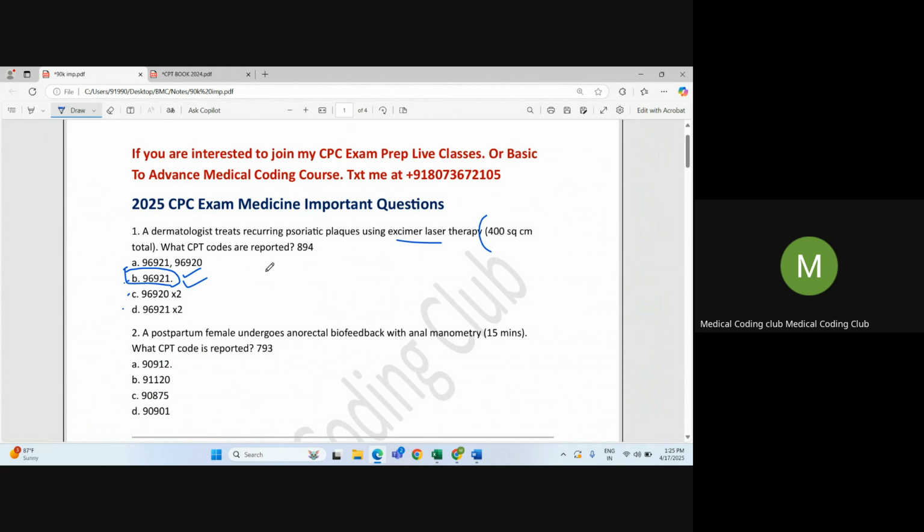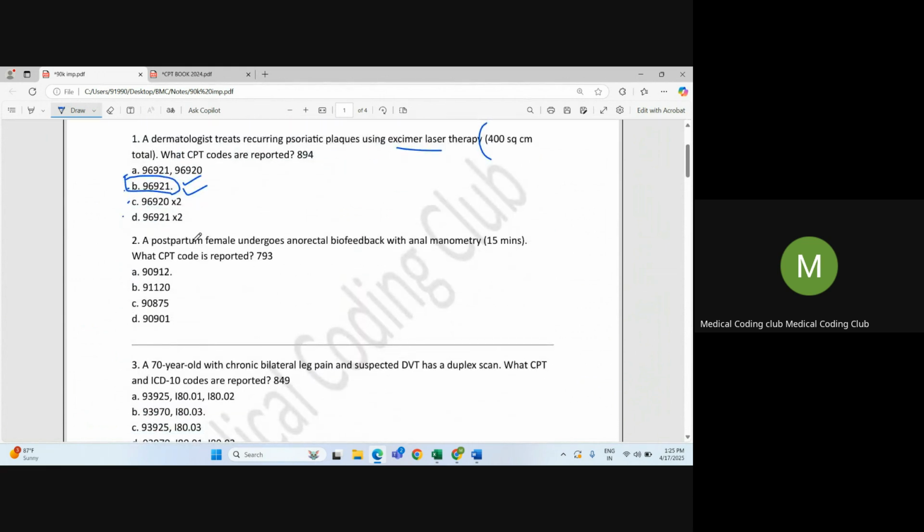96921 is correct. So next question: a postpartum female undergoes anorectal biofeedback with anal MANOMETRY. What CPT code is reported? You can check here. They are talking about a biofeedback procedure. Biofeedback is a technique where they help the patient gain control over muscle functions.